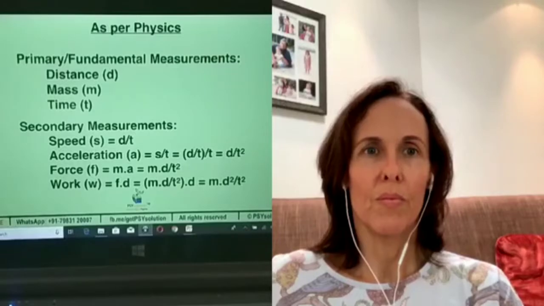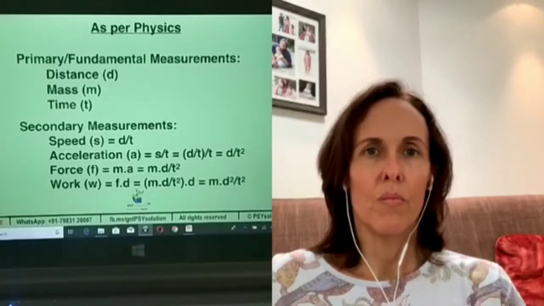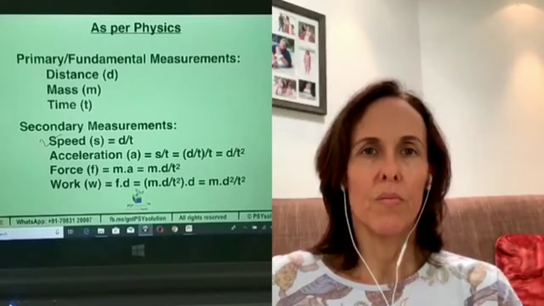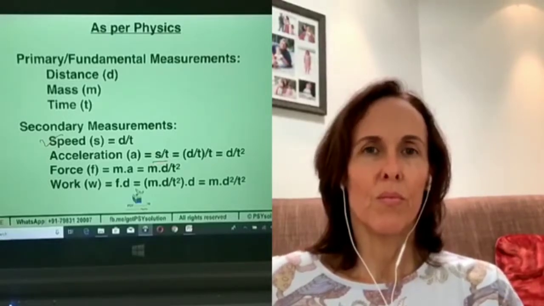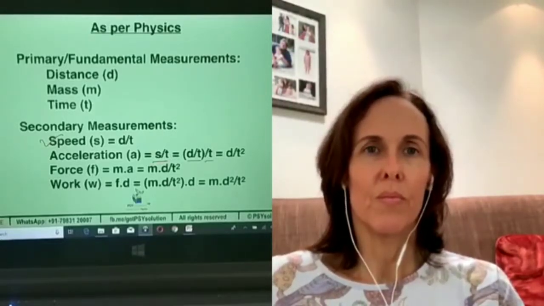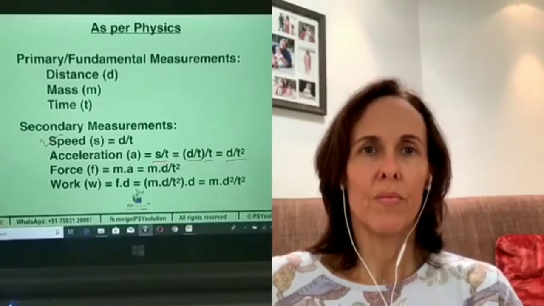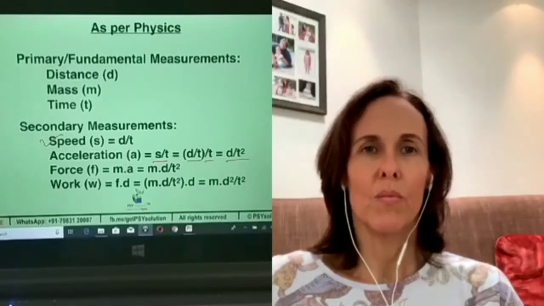The first is speed. Speed is the rate of change of distance, which is d upon t, as mentioned on the slide. Now acceleration is the rate of change of speed, s upon t, or we can say d upon t whole upon t. That means d upon t square, as you see here.